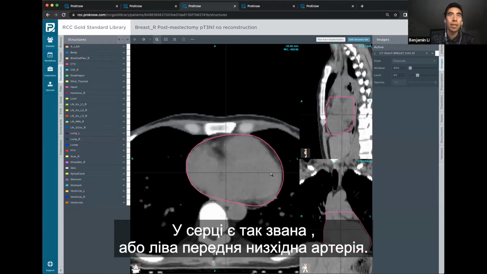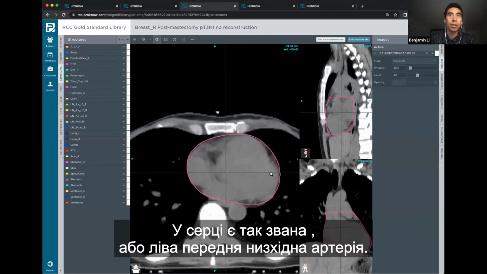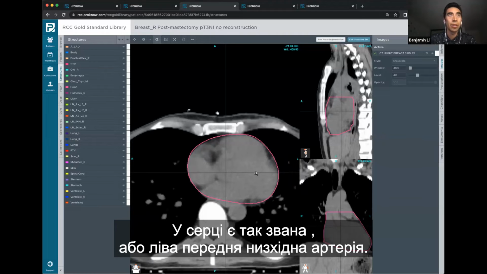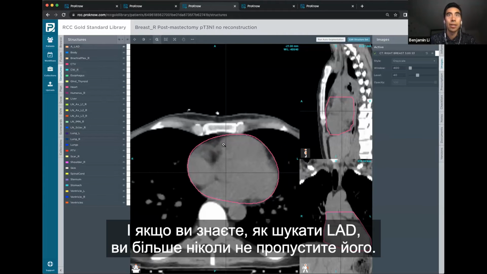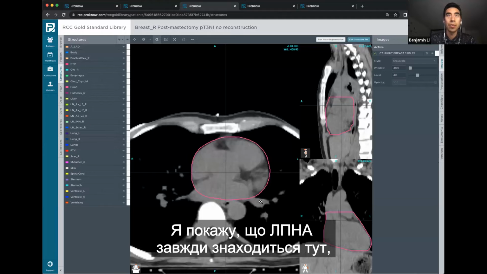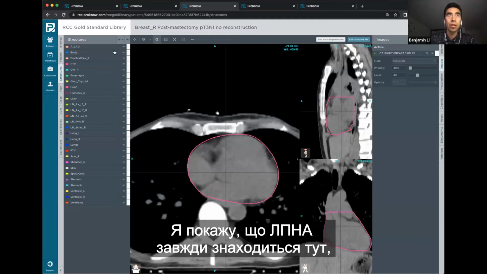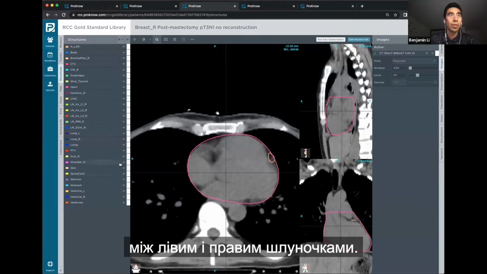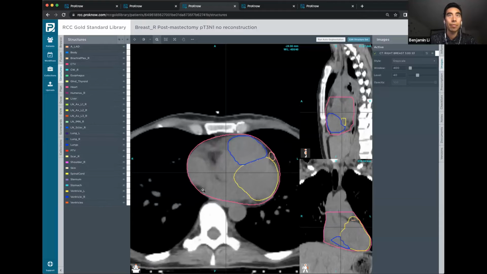The heart has something called LAD or left anterior descending artery. Once you know how to look for the LAD, you'll never miss it again. So I'm going to show the LAD is always here in between your left ventricle and your right ventricle.